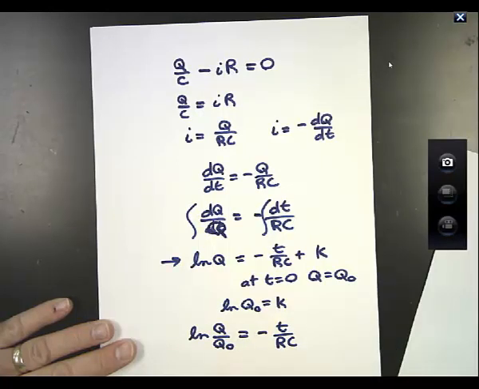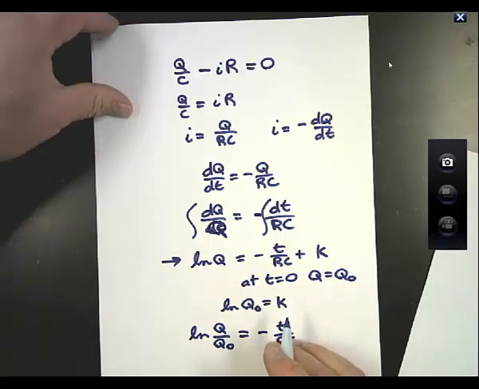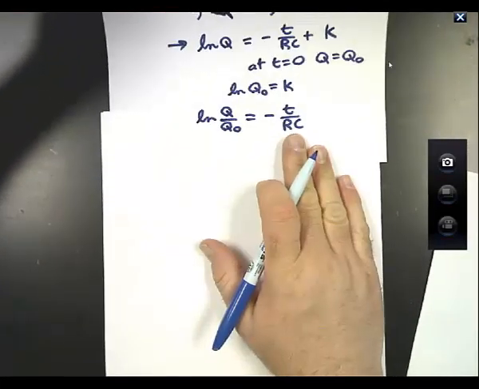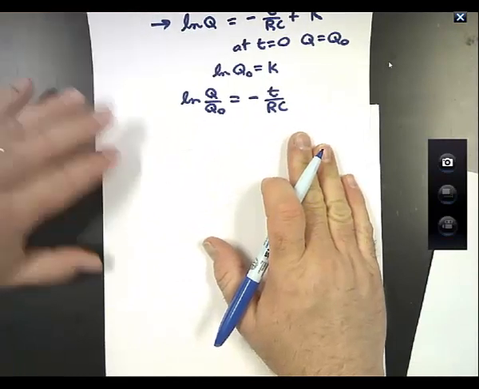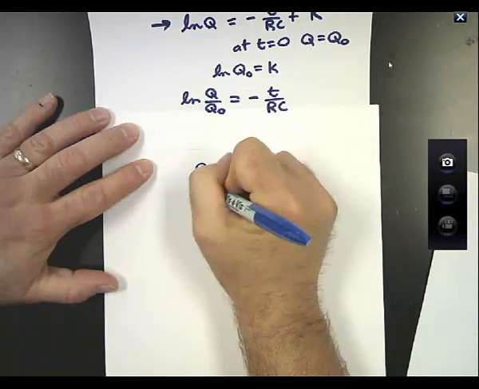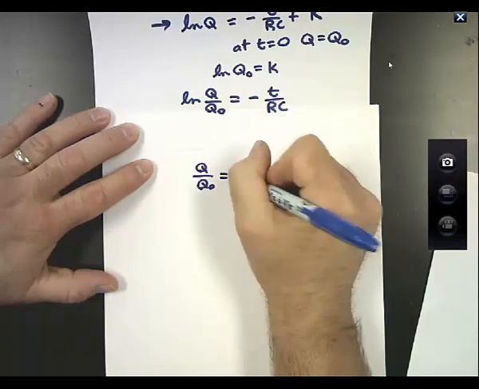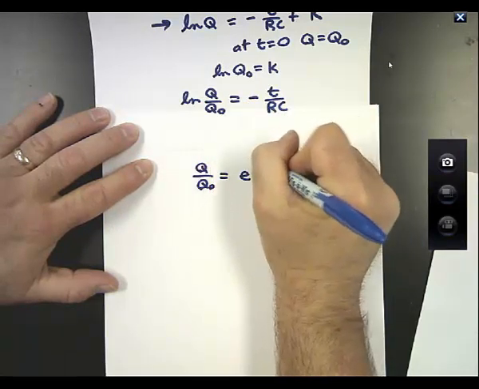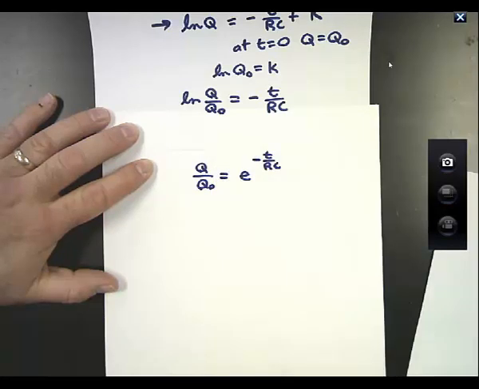Okay. My next step is to raise both of these to the power of e. Now I can do that, that's still legal, and I'm just going to push this up a little bit here. I think you can still see that on the camera. Raise this to the power of e, and I've got q over q naught. Raise this to the power of e, and there I have it.